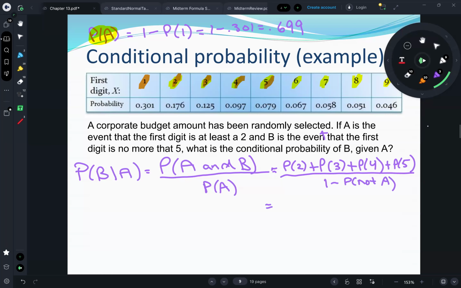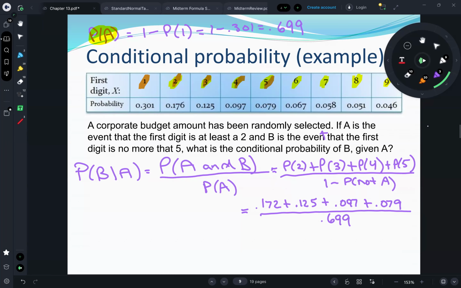So we're going to add these all up. Make sure I've got lots of room here. This is going to be the probability of 2 plus the probability of 3 plus the probability of 4 plus the probability of 5. And then I'm going to divide by 1 minus the probability of not A. That's going to be, we already did it above at the top of the page, 0.699.